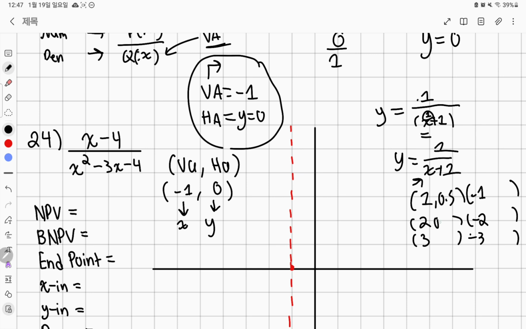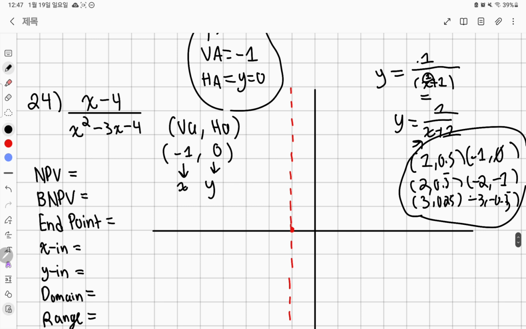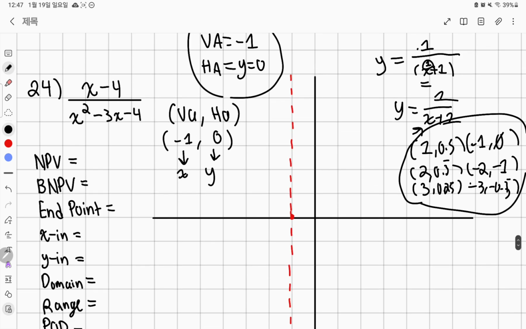We get 0.3 repeating. What about 3? 0.25. What about -1? We don't get anything. -2, -1. Very simple. We can just plug it in. -0.5.